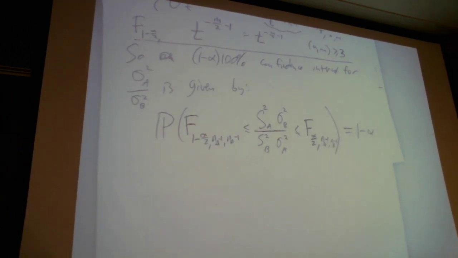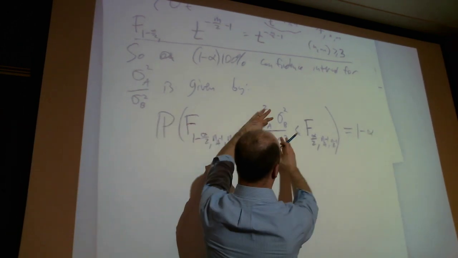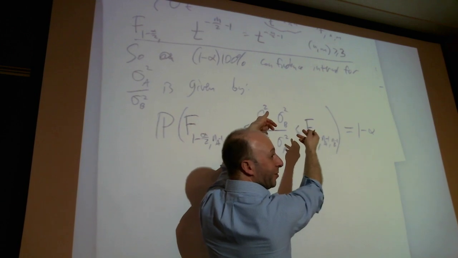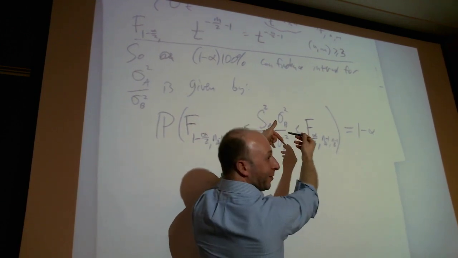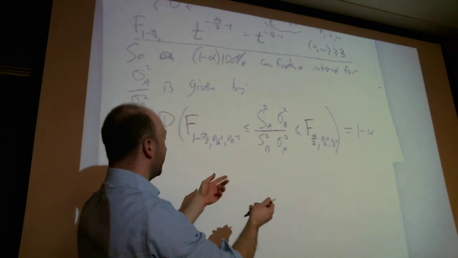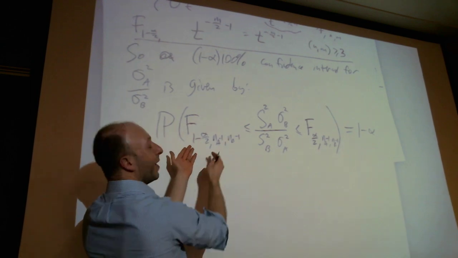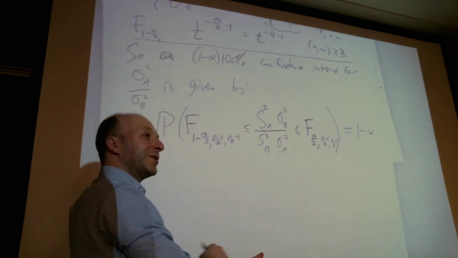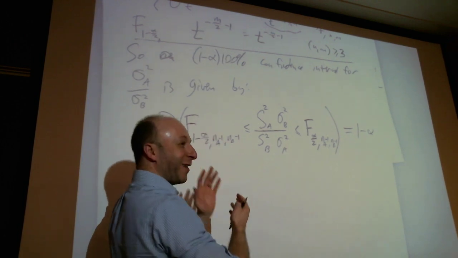Look at how it's defined: if I take 1 over this, I still get an F distribution, still the ratio of two chi-squareds. So 1 over an F is itself an F, just with the roles of the degrees of freedom switched. You can use that to simplify this lower bound if you want to have fewer things to look up in a table. Once you use computers, don't bother. That's one extra fact I'm not going to quiz you on.